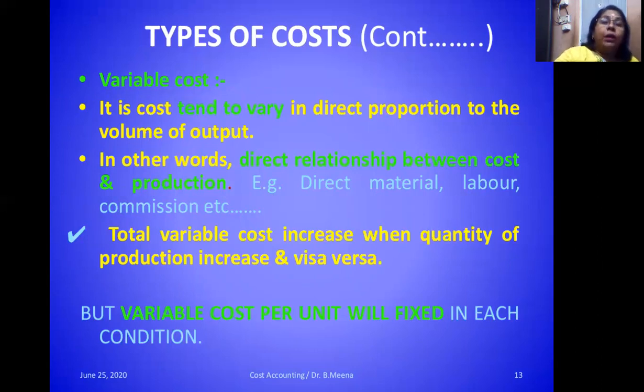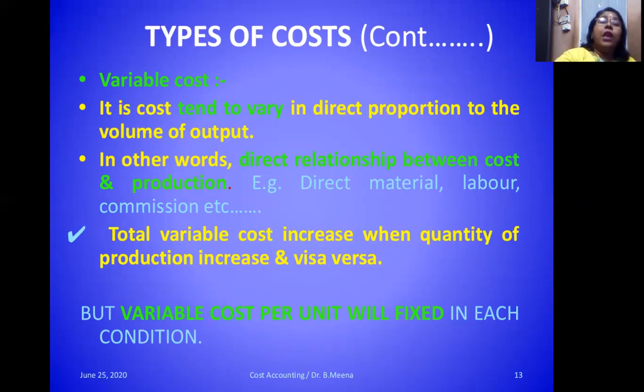We need more raw material and labor when our production is more. We need only a small amount of materials and fewer laborers when we restrict our production. We need no materials and no labor when production is zero. So you can come to a conclusion. What do you mean by variable cost? Variable cost will vary as per the volume of output.